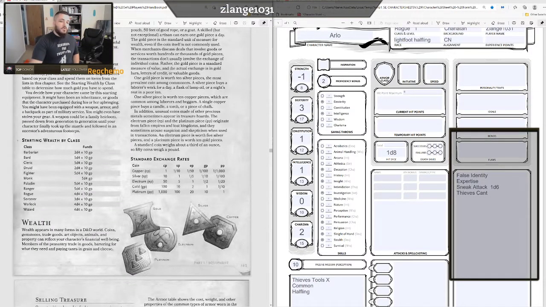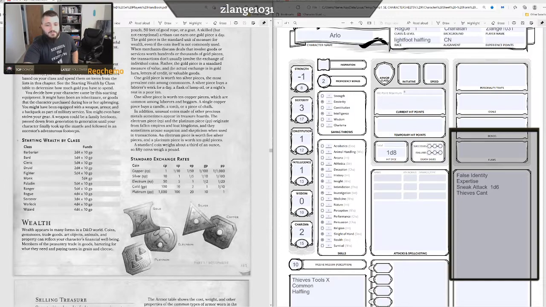Here, you can roll for your starting wealth. As a rogue, we can do 44 times 10. And that's our starting gold, which means we can spend that. It talks about your exchange rates. Basically, it's 1 to 10, or 10 to 1. So 10 coppers is usually 1 silver.